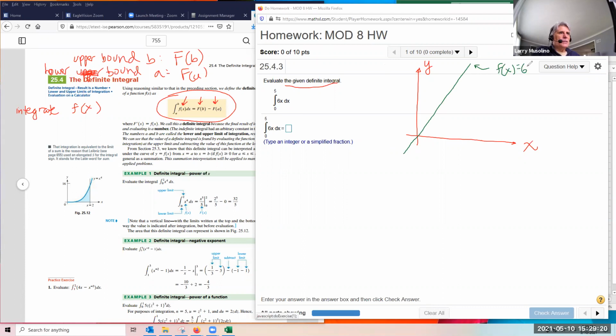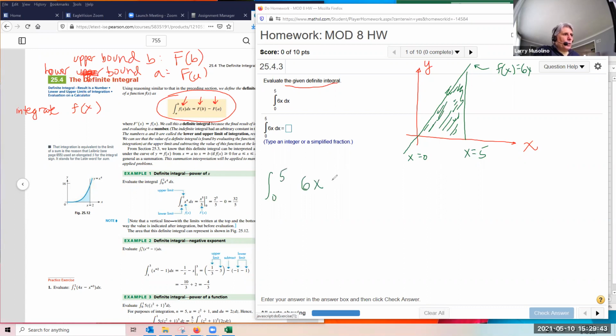All right, and they want us to find the area from x equals 0 to x equals 5, which is here. And we want to find this green area. By the way, I can actually do this using geometry because I can see this is really just a triangle. But let's use the definite integral process because that's what we want to practice here. So let's find this definite integral.